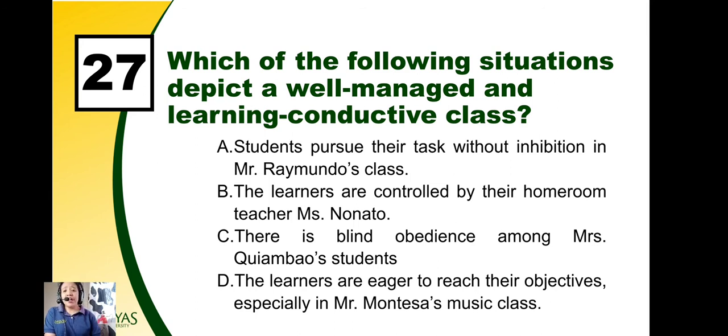Letter B. The learners are controlled by the homeroom teacher, Miss Nonato. Letter C. There is blind obedience among Mrs. Kimbao's students. Letter D. The learners are eager to reach their objective, especially in Mrs. Montisa's music class. So, asan dito yung well-managed and learning conducive class? Okay, so the answer, class, in 10, 9, 8.